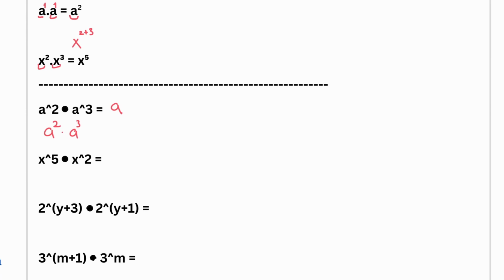Well, to do that, we're just going to add the exponents because they're being multiplied and they have the same base. We're just going to write the base and add it, x to the 5. We have our base as x, and x to the 5 times x squared. We're just going to add 5 plus 2, which will give us x to the 7.